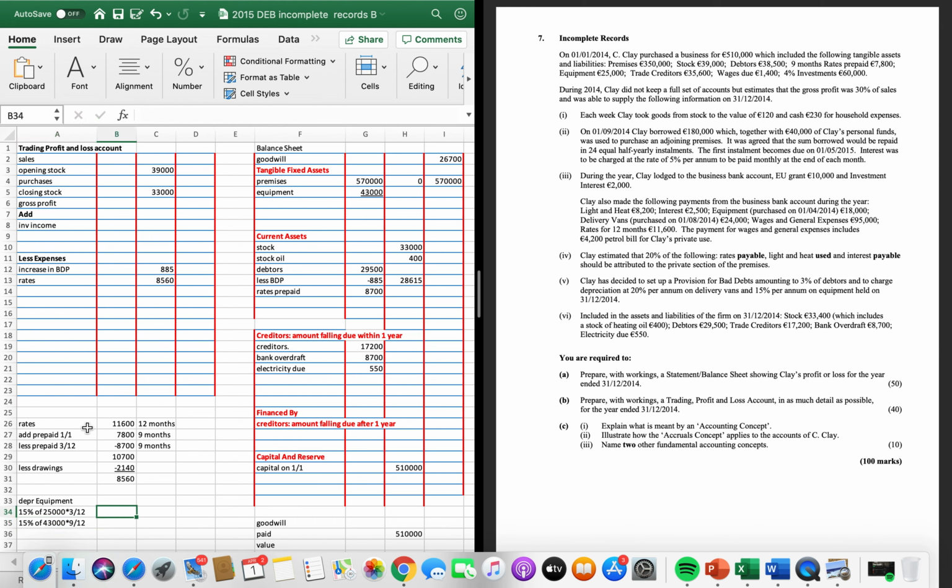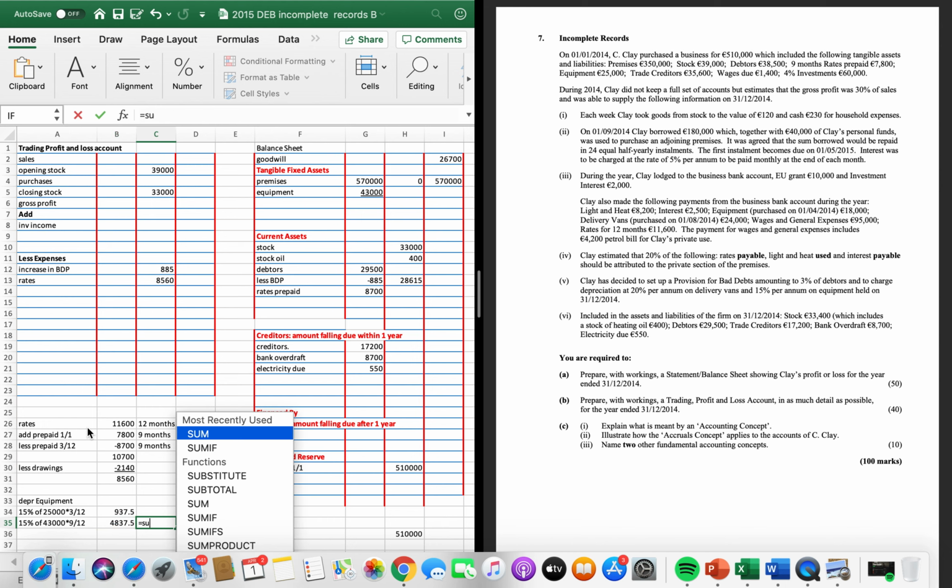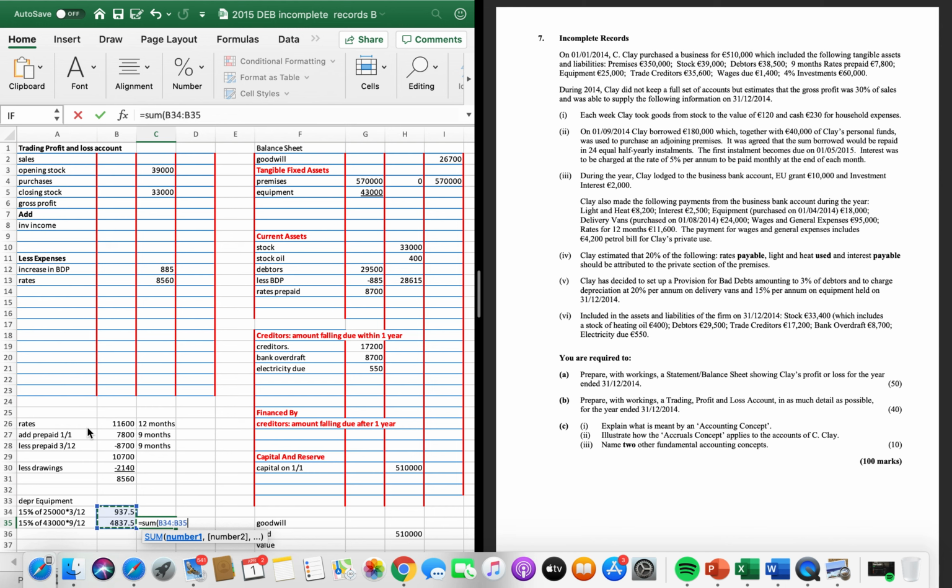So if you do out those sums, 15% of 25,000 by 3/12, and 15% of 43,000 by 9/12. I'm hoping this ends up as a nice number.